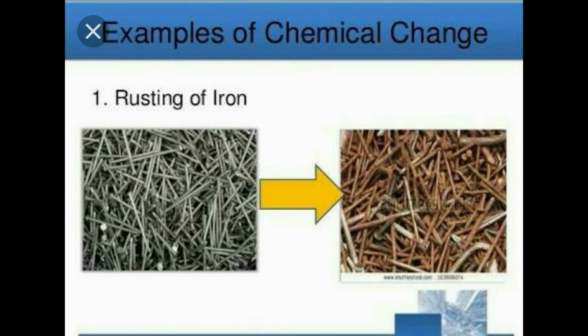This is one of the changes that affect iron articles and slowly destroys them. Since iron is used in making many different things like bridges, ships, cars, trucks, and even windows and doors, if it is destroyed, it is not good, right?